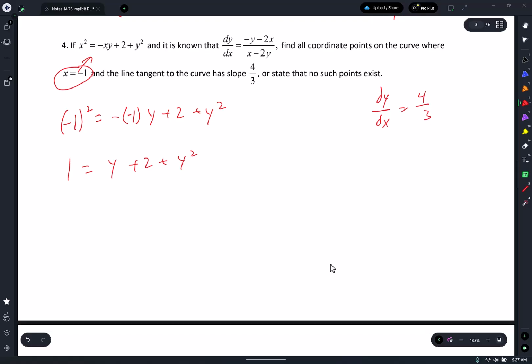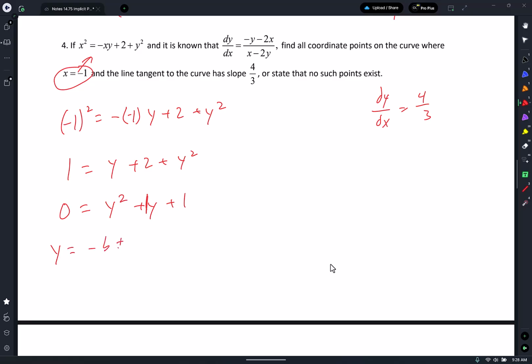I'm going to move the 1 to the other side, and I'm going to rewrite it. 0 equals y squared plus y, and then when I subtract 1, it's going to be plus 1. Oh, is this factorable? No, that's not factorable. It needs to be, and look, I have a 1 right here. It's not factorable. I guess I could go with my quadratic formula.